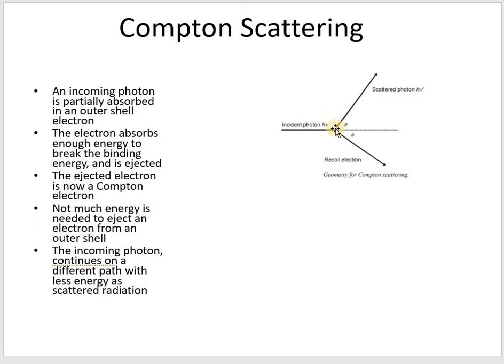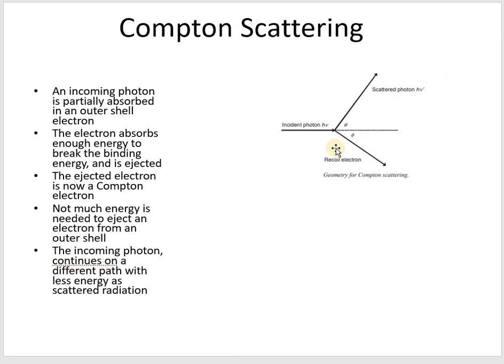When the collision occurs with an electron, the electron will be ejected out, and the photon will be scattered at an angle theta with an energy hv prime and momentum hv prime over c.